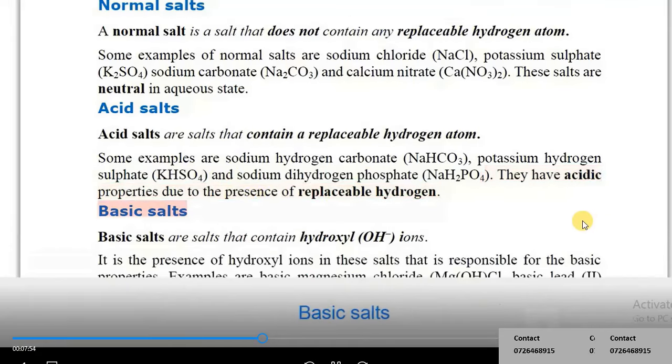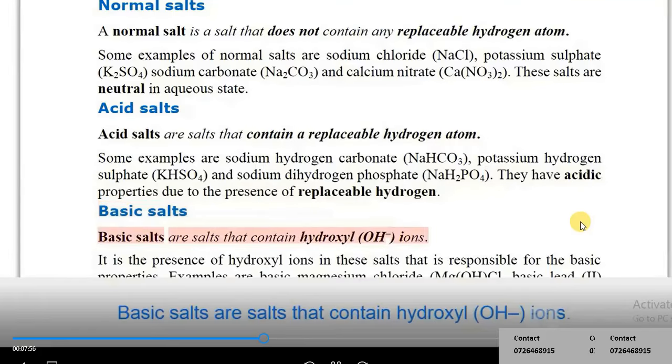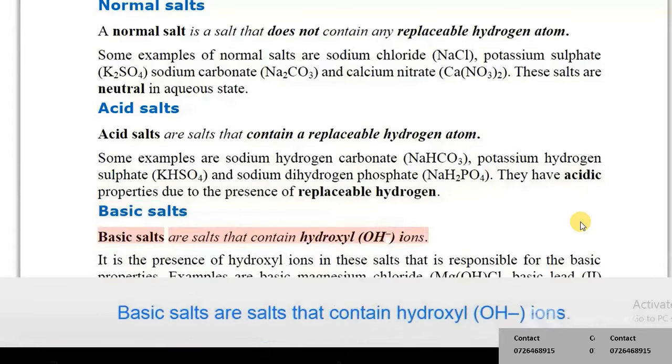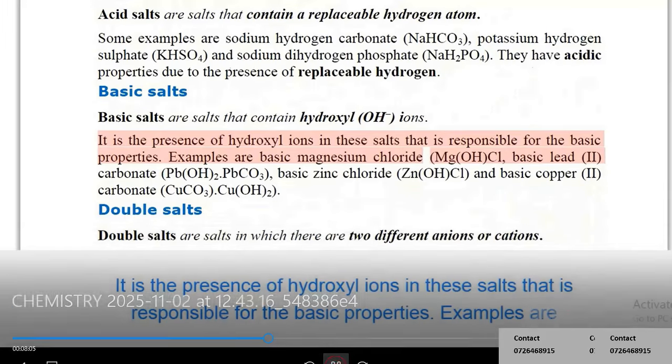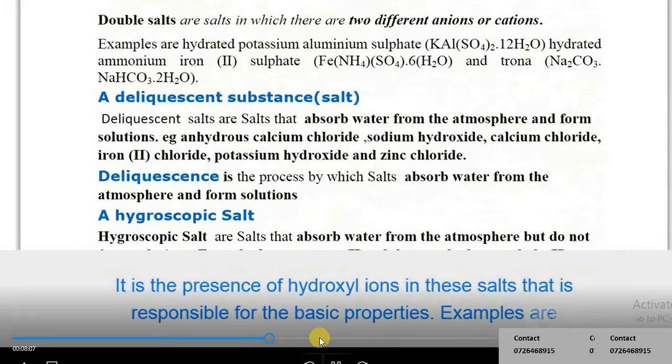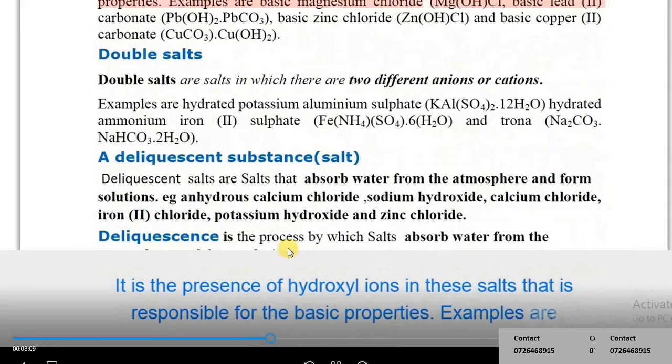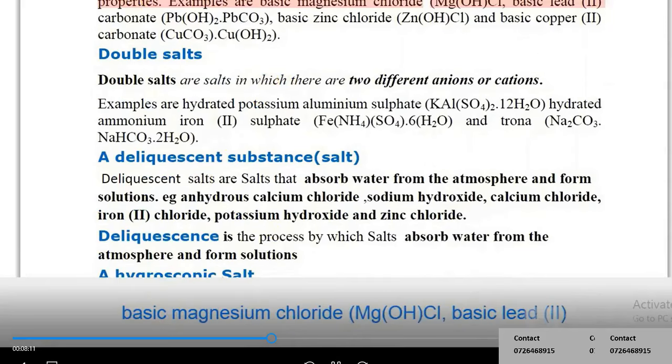Basic salts. For example, these are salts. Basic salts are salts that contain hydroxyl ions.